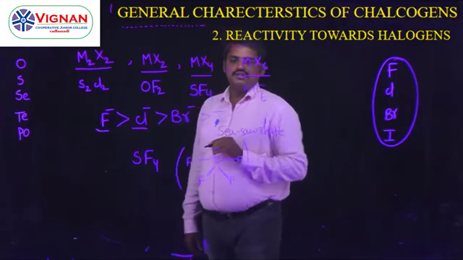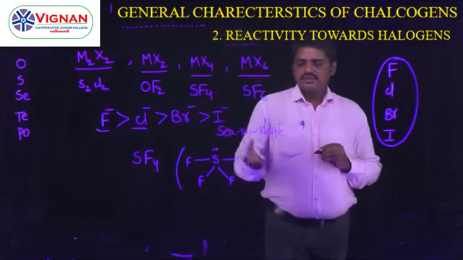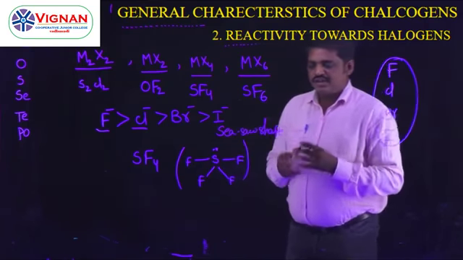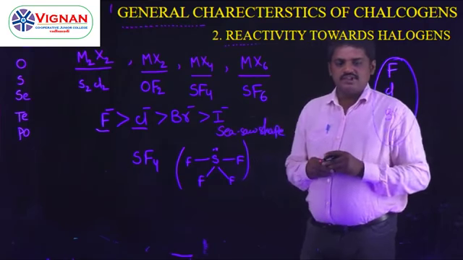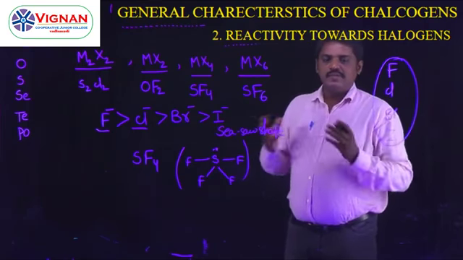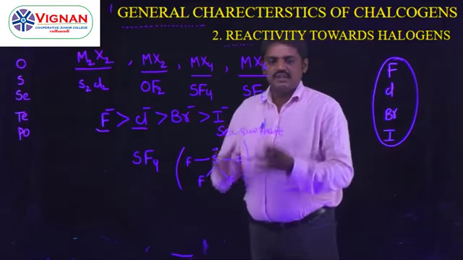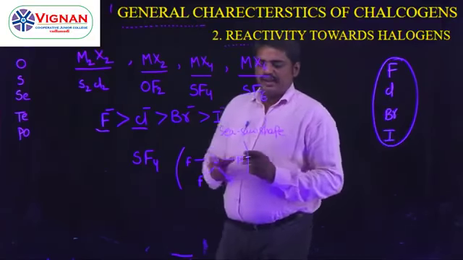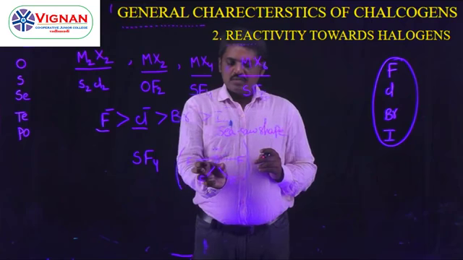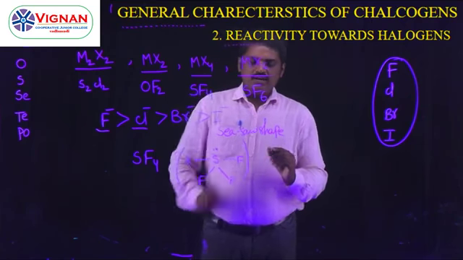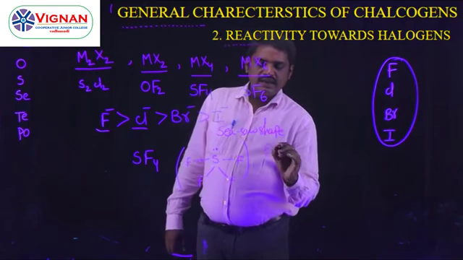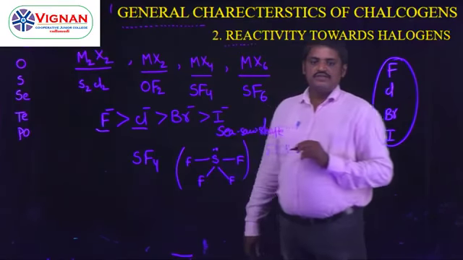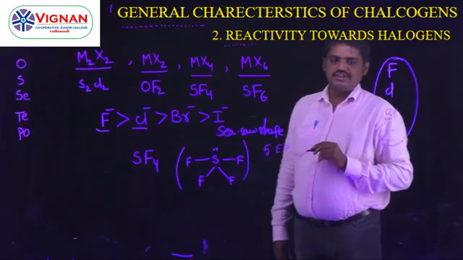Okay, this is the structure of SF4. And for the hybridization of the central atom in SF4, totally 4 bond pairs and 1 lone pair, totally 5 electron pairs are present in it.